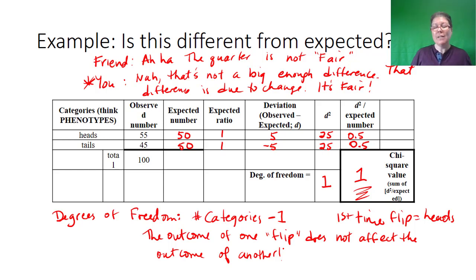The second child, same thing. 50% chance it was going to be male, 50% chance it was going to be female. It was male. Third child, same thing. Fourth child, same thing. Every time those parents conceived, there was a 50% chance that that offspring was female and a 50% chance that that offspring was male.